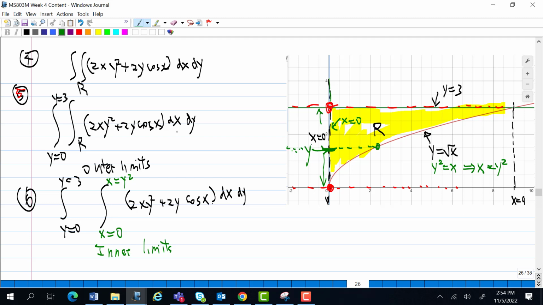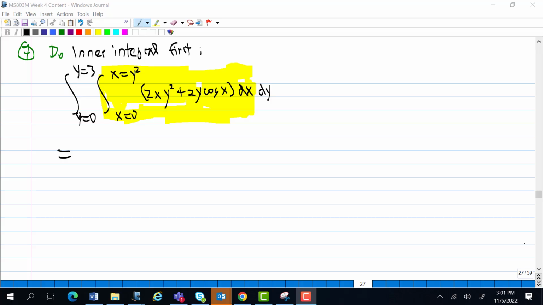You find that the value of x goes from x equal to 0 to x equal to y squared. So this is how you find the inner limit and outer limit. You always find the outer limit first. Then from there, you fix it. Once you fix the outer limit, you can find the inner limit here.